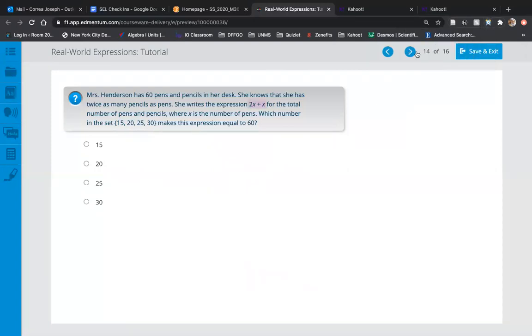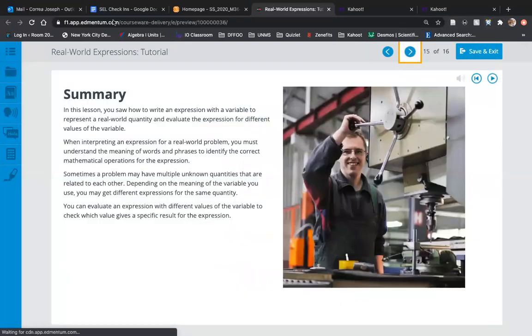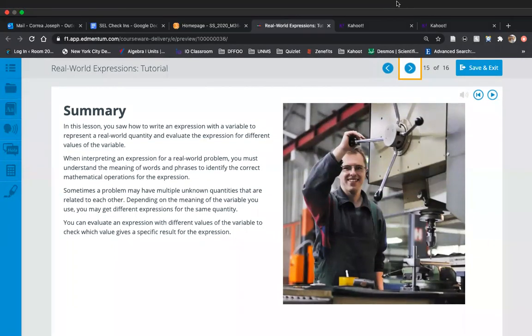So I actually think we're up to the summary slide for today. So we're almost done with the live portion, and then we're just gonna get into playing some Kahoot, okay? So it says, in this lesson, you saw how to write an expression with a variable to represent a real-world quantity and evaluate the expression for different values of the variable, right? So we did 2 things. The first thing is that first, we looked at some written word problems.